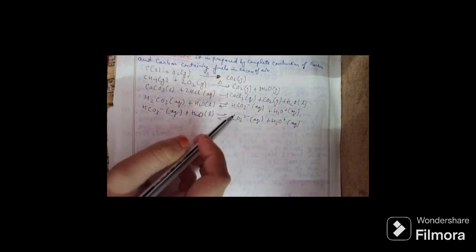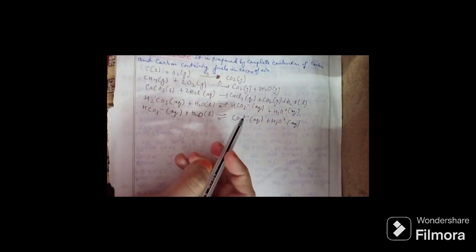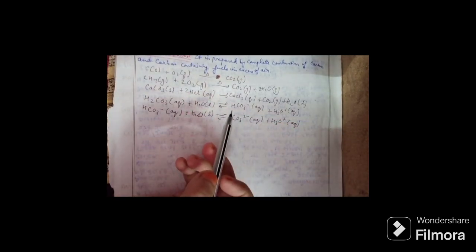The H2CO3 and HCO3 minus buffer system helps to maintain the pH of blood between 7.26 and 7.42.